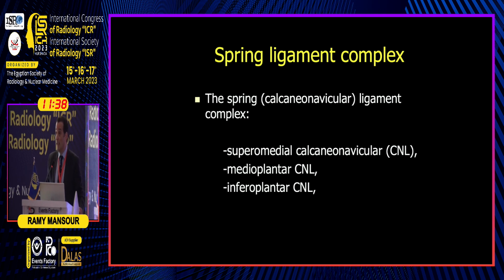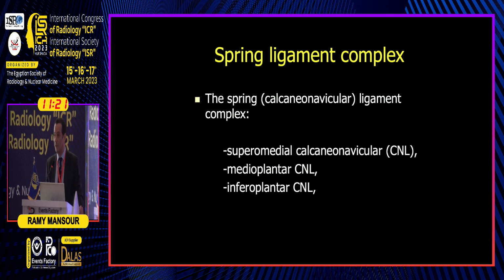The next important ligament that we come across in the medial side is what we used to call spring ligament, which is called the calcaneonavicular ligament. And as you can see, it has three components: the superior medial, the medial plantar, and the inferior plantar.